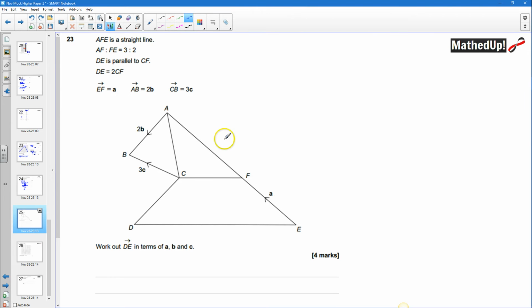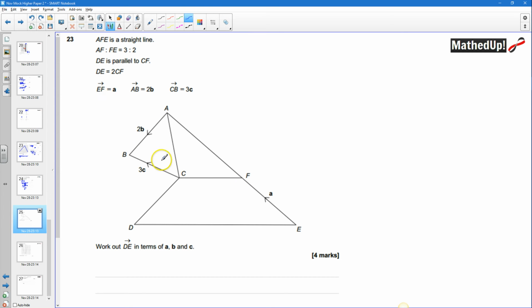Question 23. AFE is a straight line. AF to FE is in the ratio 3 to 2. DE is parallel to CF, and DE is equal to 2CF, so DE is twice as long as CF.